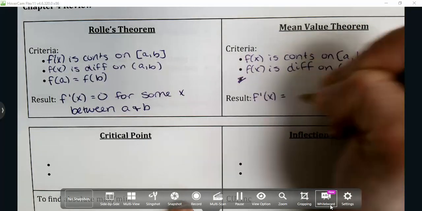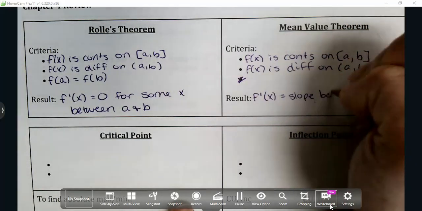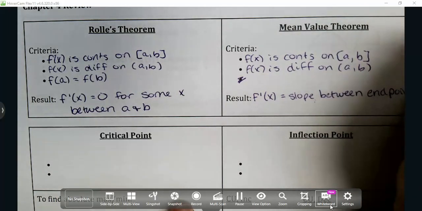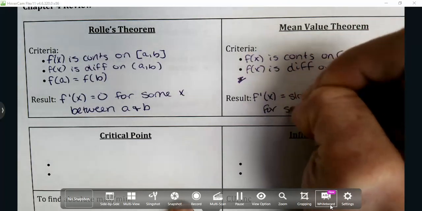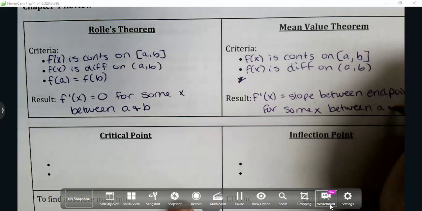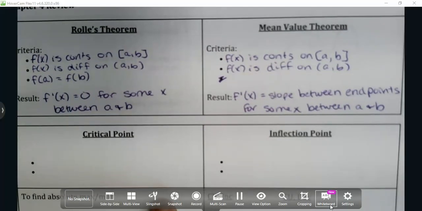The derivative equals the slope between the endpoints for some x between A and B. All right. So we know those 2 things. Basically, you check your criteria, then you do your derivative and set it equal to 0 if you're doing Rolle's theorem, the slope if you're doing mean value theorem.